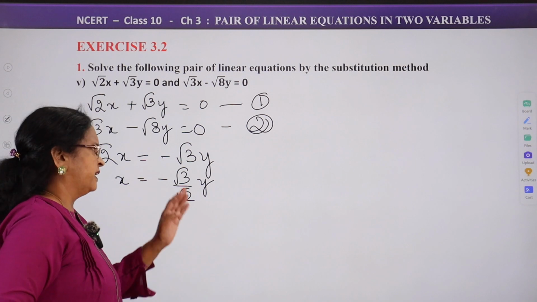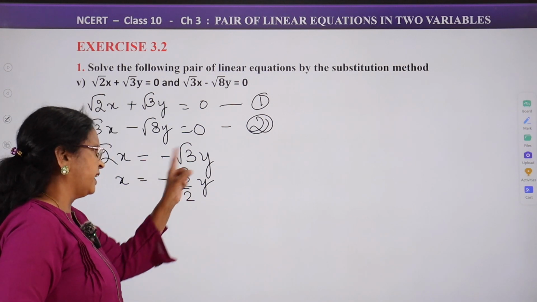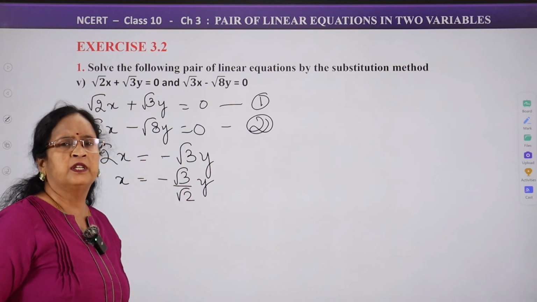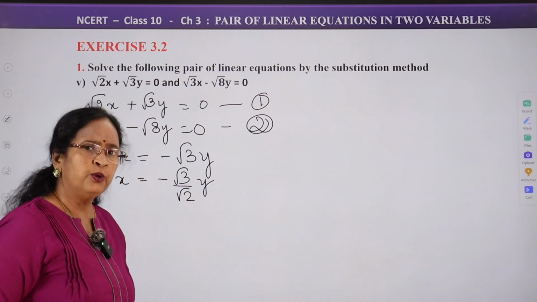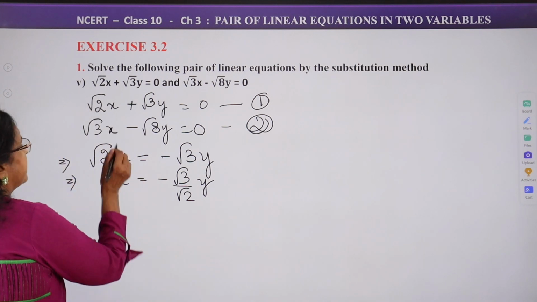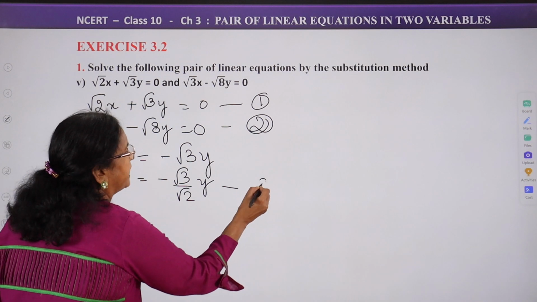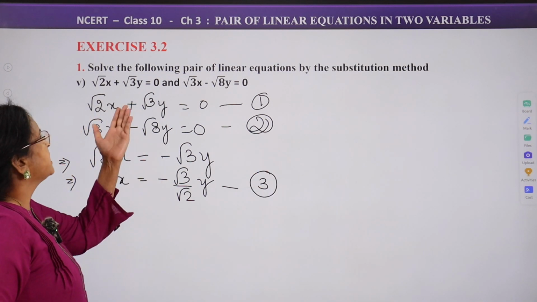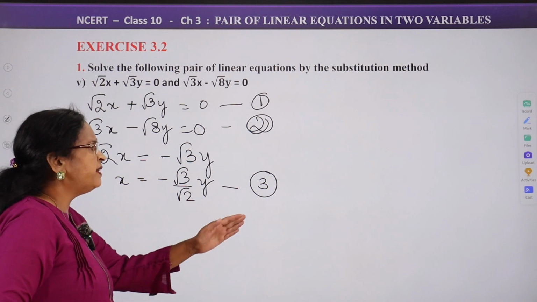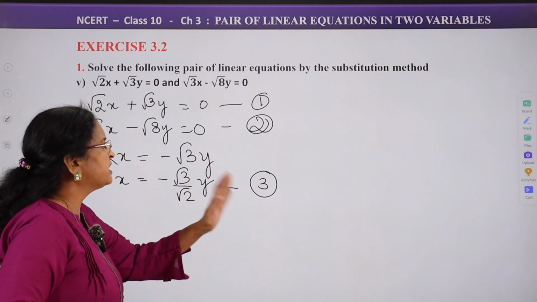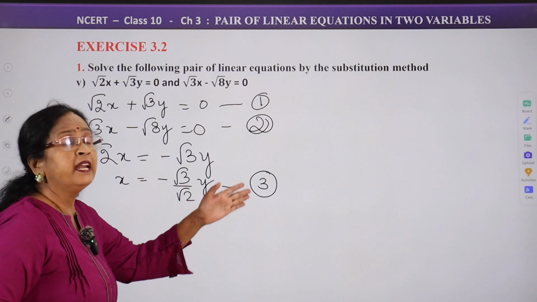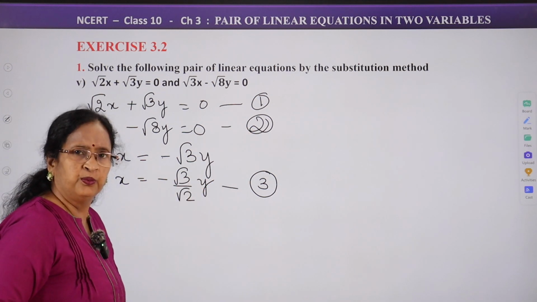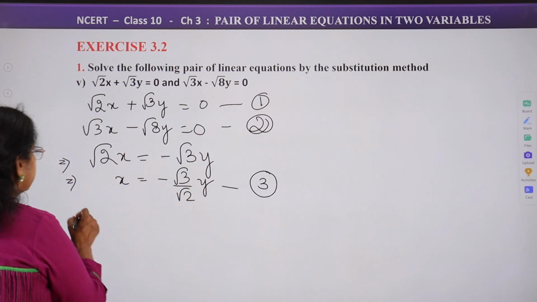Now, we can write separately or we can write together whole root 3 by 2 y. Now, let me write this as equation 3. Since I started with 1, I will substitute equation 3 in equation 2.